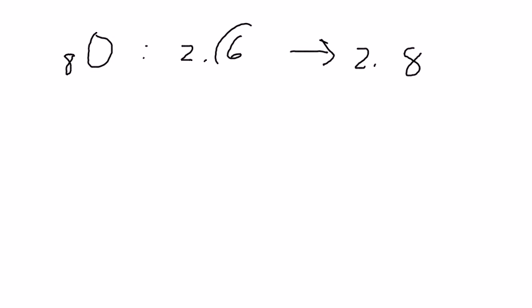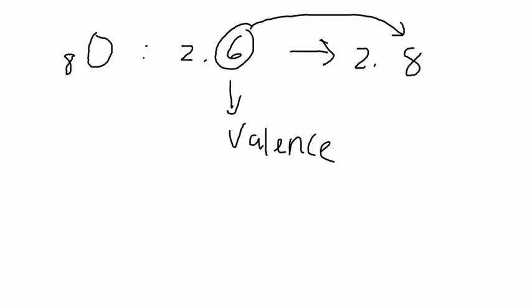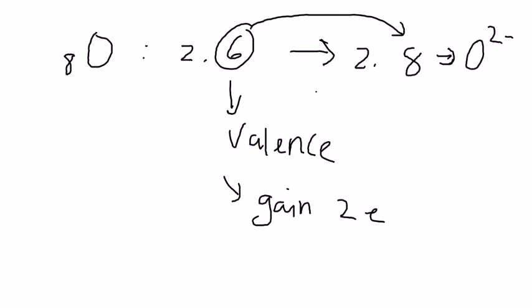It has 6 electrons at the outermost layer, the valence electrons, and in order to go from 6 to 8, it will gain electrons instead of losing them. It will gain 2 electrons and form oxygen 2 minus, and the electronic structure becomes 2,8.